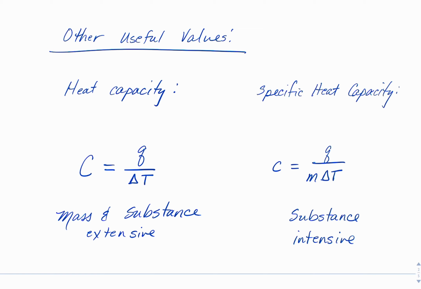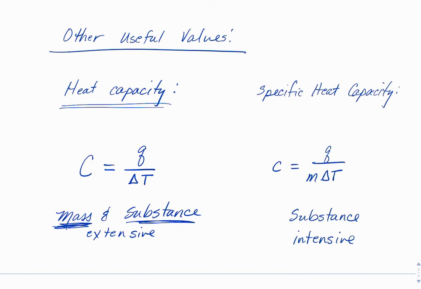One of them is called the heat capacity. Heat capacity is an extensive property. It takes into account the mass of the substance and the substance itself, and looks at changes in temperature, and you're able to calculate a value about that substance.